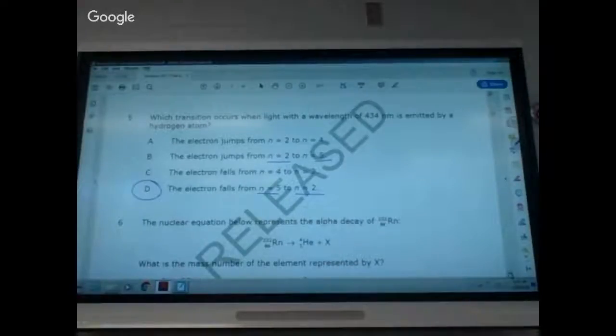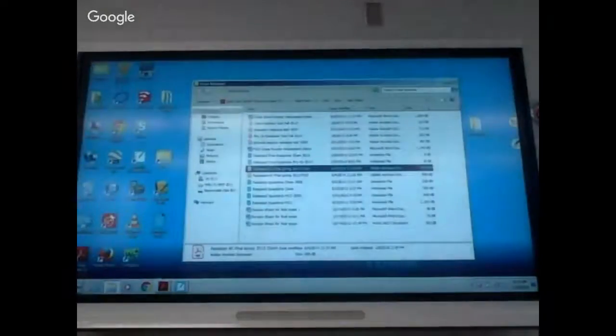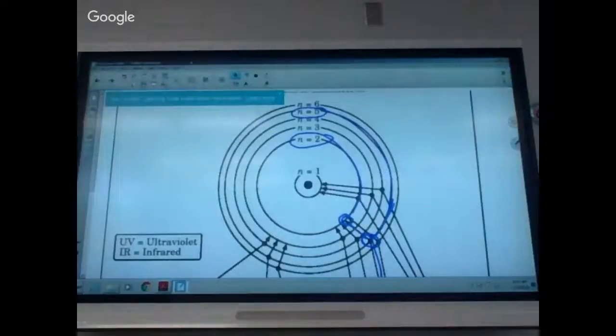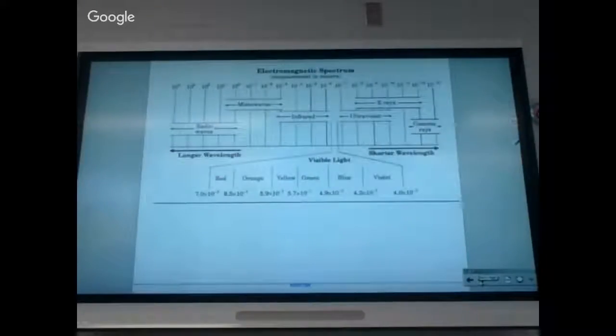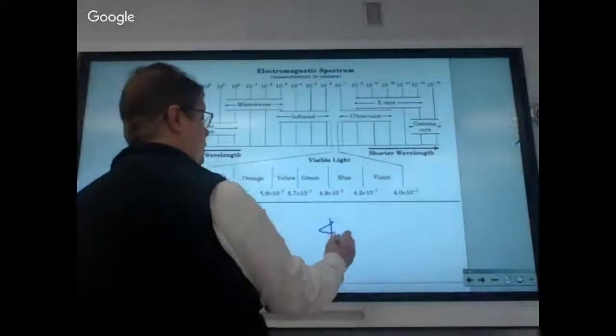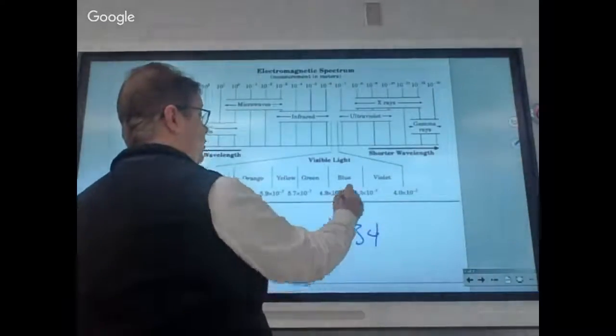If it asks you what color is the light for 434, how would we do that? It'd be blue. It'd be 4.34. And where does 4.34 fall on this line? Blue. Yep, 4.34 falls there.